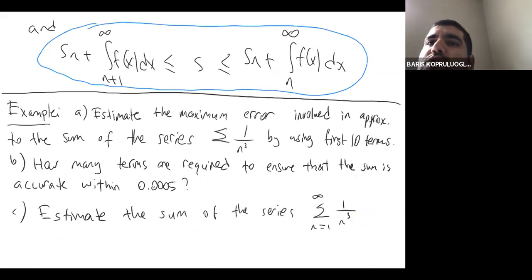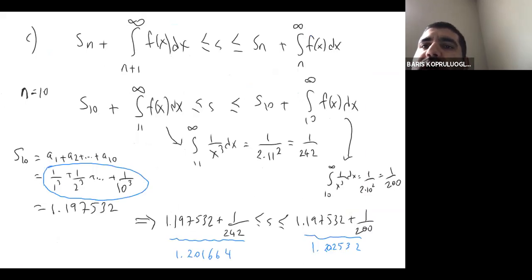So now if you use it for 10 terms, because we use 10 terms to estimate, now you will have S10 plus the integral from 11 to infinity of f(x), less than or equal to S, and then less than or equal to S10 plus the integral of f from 10 to infinity.